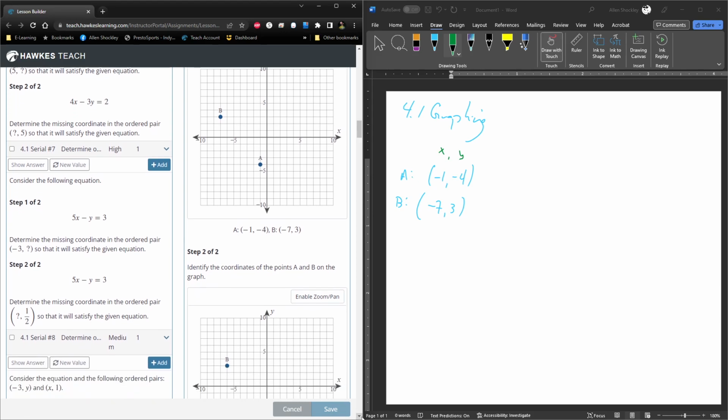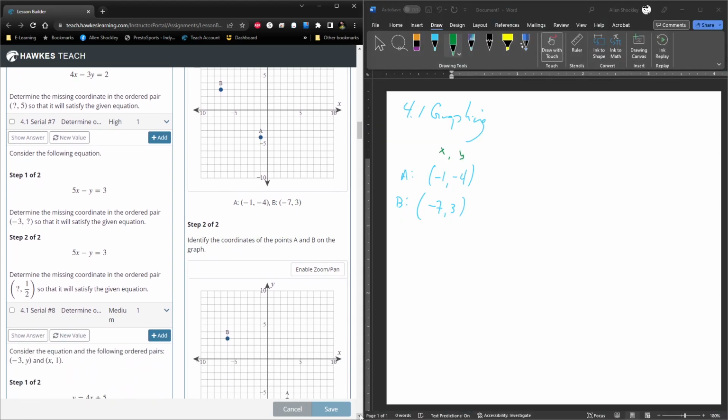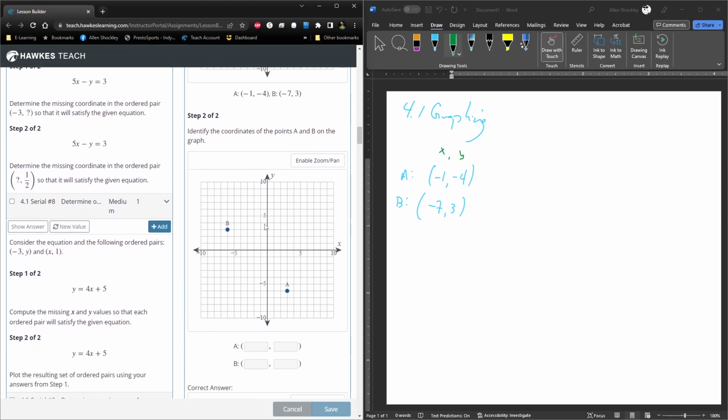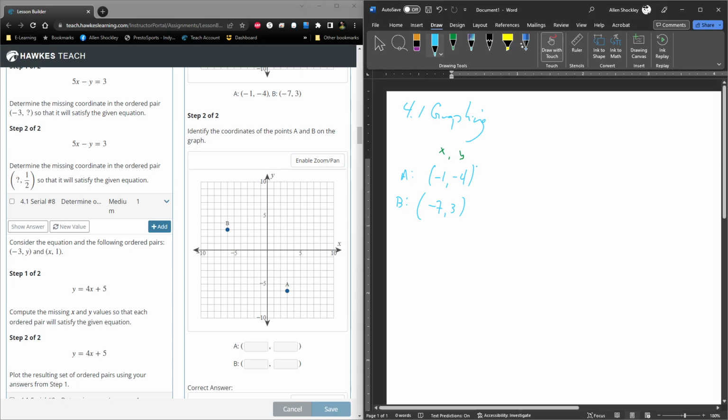The second part of this is to identify the coordinates of A and B on this graph. Again, we're going to ignore the work that we've already done, and we're going to do this for step 2. We're going to look at A first, and this time A has us moving to the right, so a positive x value of 1, 2, 3.